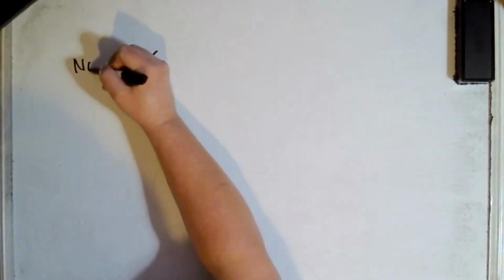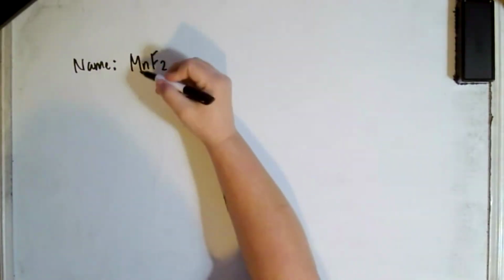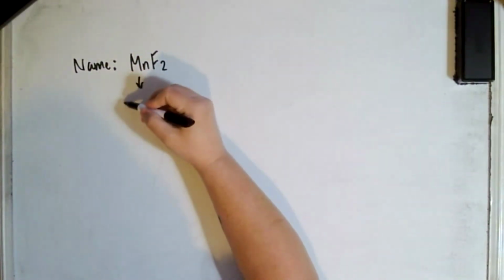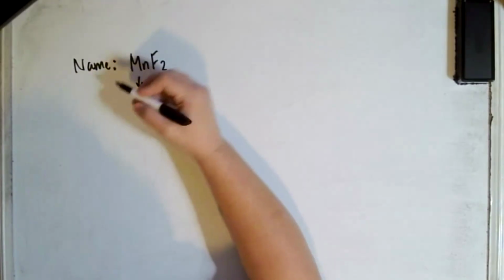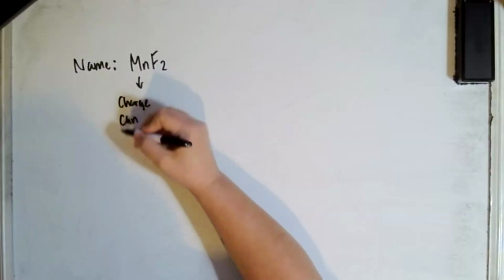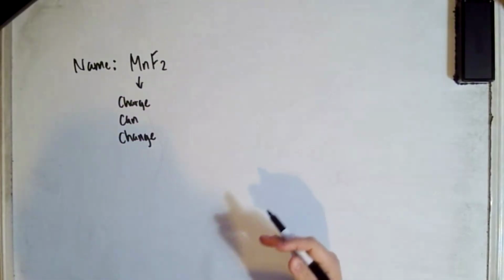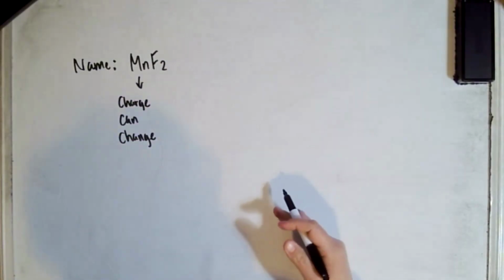Okay, so name this. Once you recognize that you have a metal whose charge can change, that's when you know that you have to include the charge in the name.